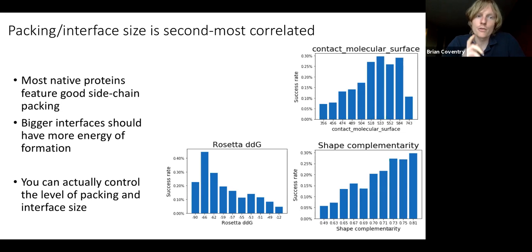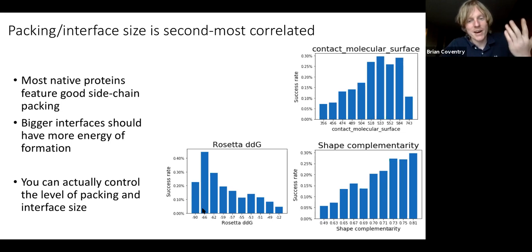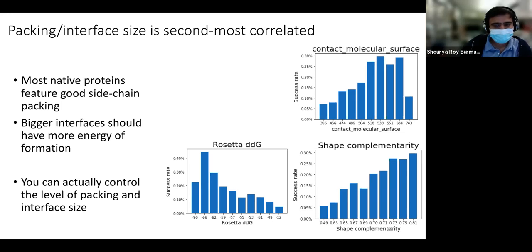And also the other reason this works for me and not for you is that my proteins are all the same size. Right. That makes a lot of sense. For a 65 amino acid protein, a DDG of -90 is very hard to achieve. But if your binding partners can grow arbitrary sizes, you're not going to see a correlation. That makes sense. Thank you. Yep.